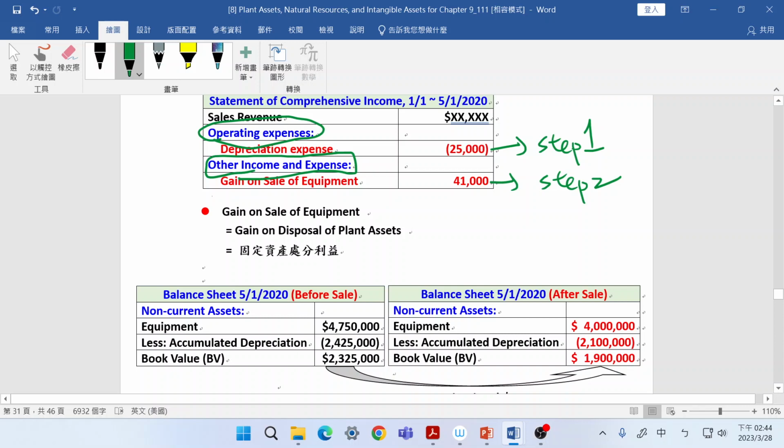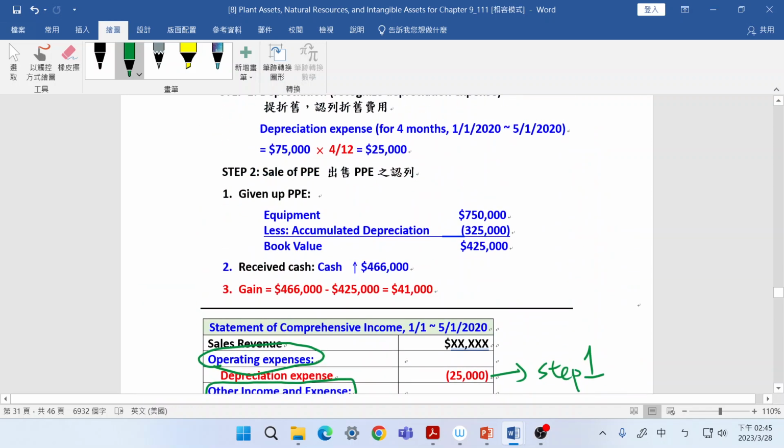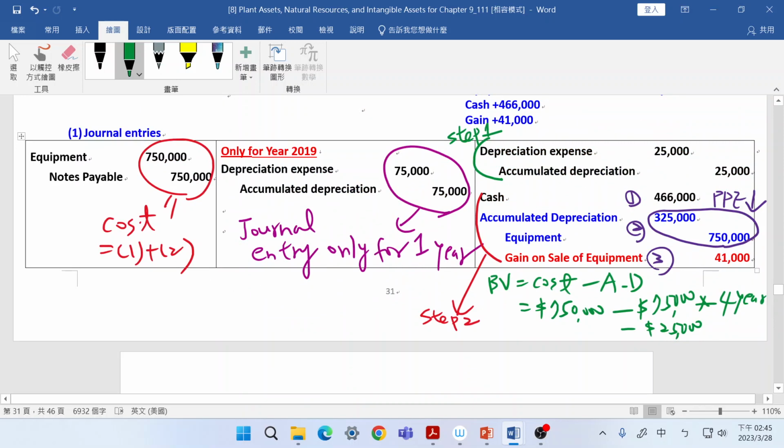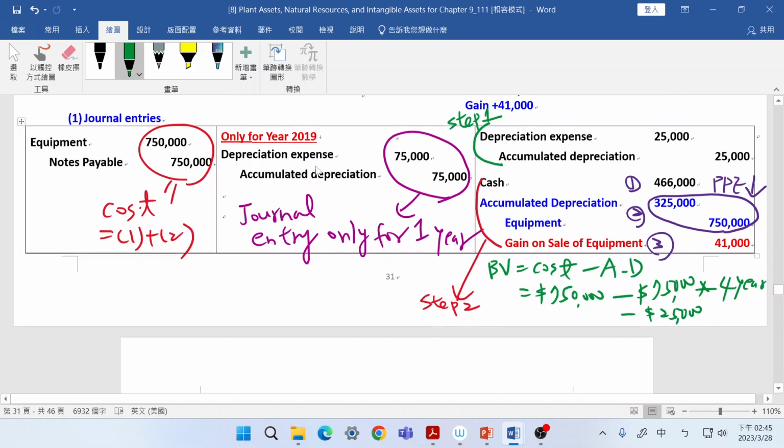Right now, you sell your PP, so that means your PP decrease. How much? PP decrease, equipment $750,000. Accumulated depreciation $325,000. So that's your PP decrease, this amount.